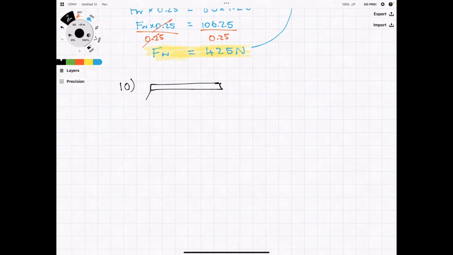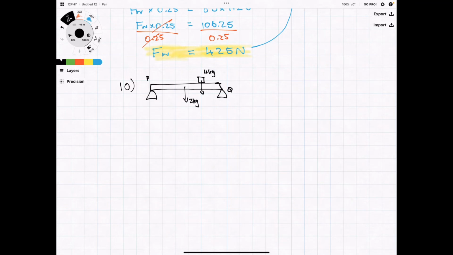We've got support at P, we've got support at Q, and we have a mass which is 4 kgs. We know that there's a weight force here, which is 2 kgs, but we've got to turn that into newtons, all right?